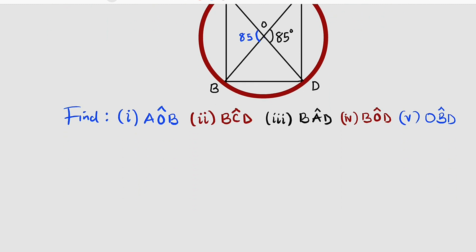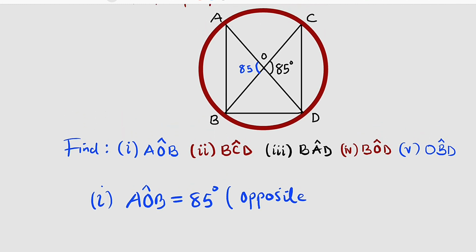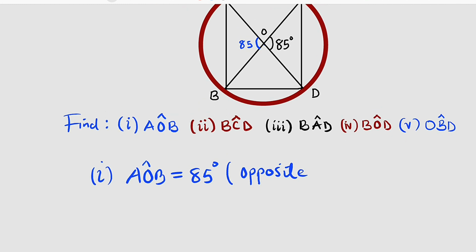So we can say that angle AOB is equal to 85 degrees. You can always state the reason: because they are opposite angles. It is opposite to which angle? COD.